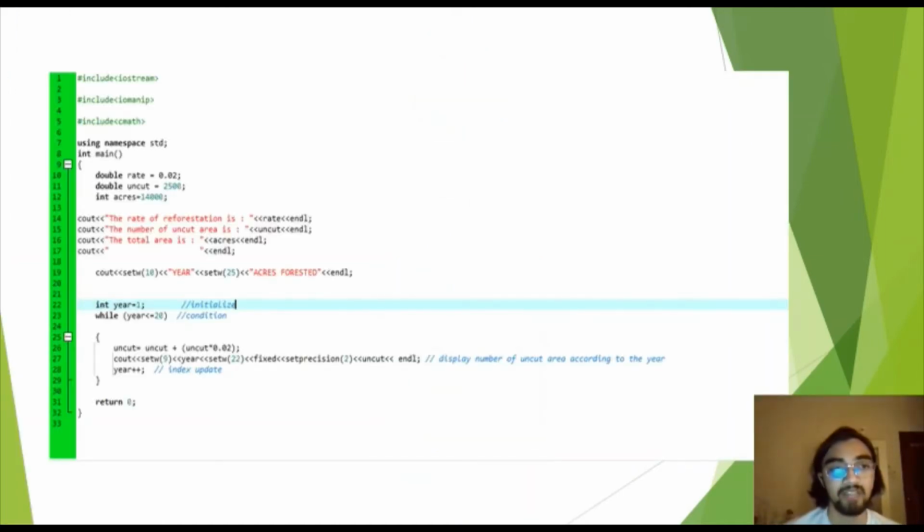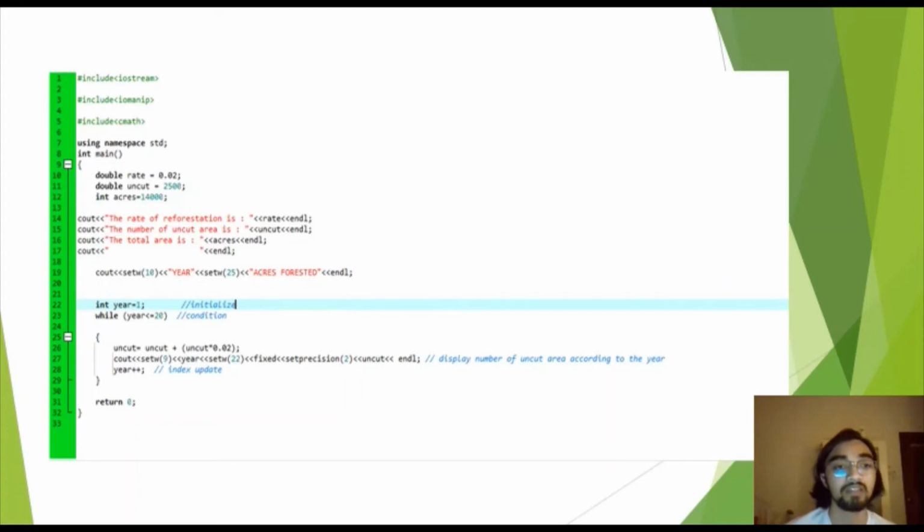For this question, I include IO manipulation and also C math, and then I first started to declare the rate and uncut as double and acres as an integer.